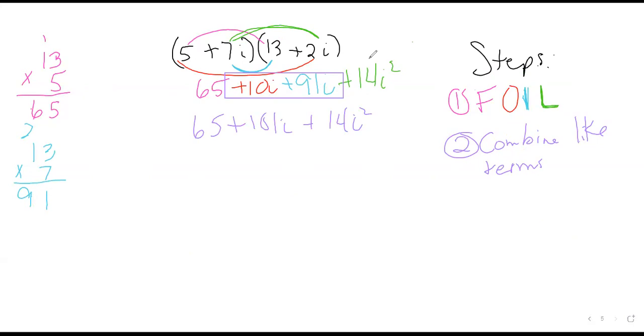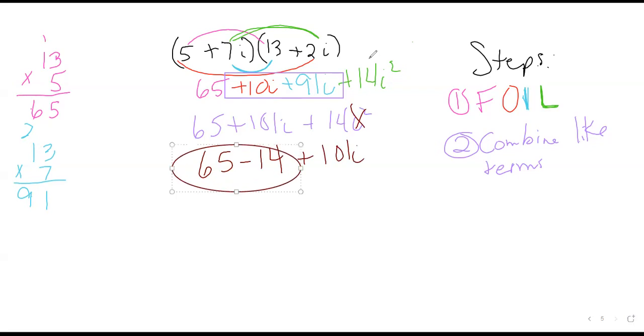So what happens to 14? It turns into a negative. So it becomes -14. The i squared goes away after that. I don't need to write that i squared again. And then plus 101i.